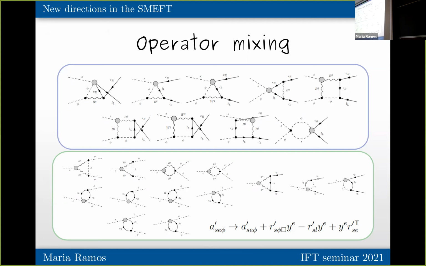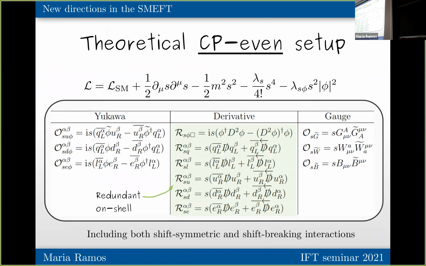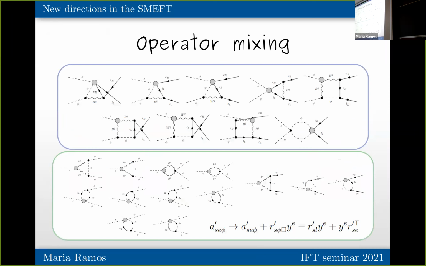And not only this, but when we are matching off shell, you see that you also generate contributions to the S phi operator defined here, so phi with two derivatives and another phi plus an ALP. And these contributions, of course, have to be flavor universal. So when we use the equations of motion to transform it into a contribution to the operator we want, they have to take the weight of a Yukawa matrix, basically.